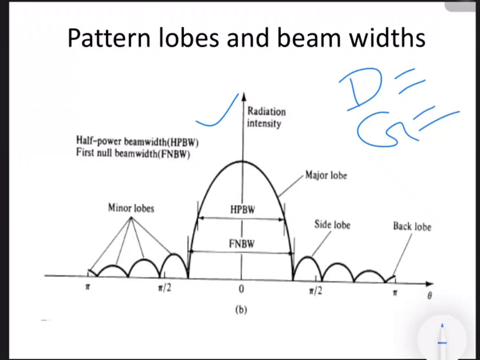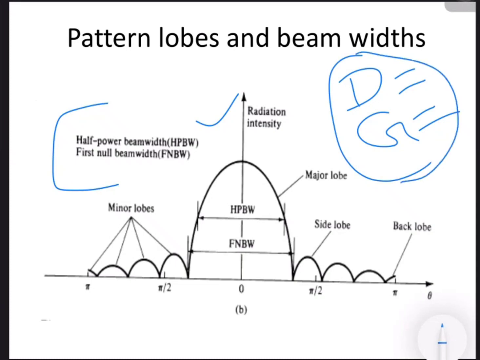By obtaining the radiation pattern of an antenna, we will be able to know what the half power beamwidth is, what the null beamwidth is, and also what the directivity and gain of that particular type of antenna are. So the radiation pattern is a very important parameter of an antenna.